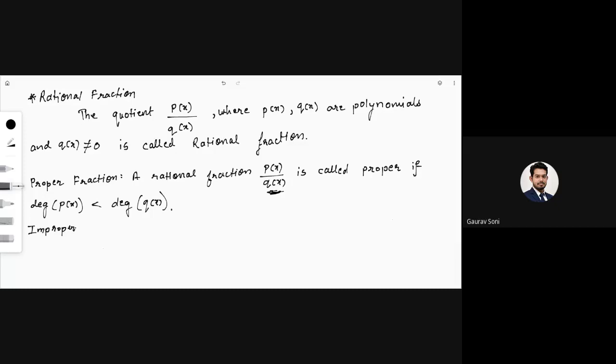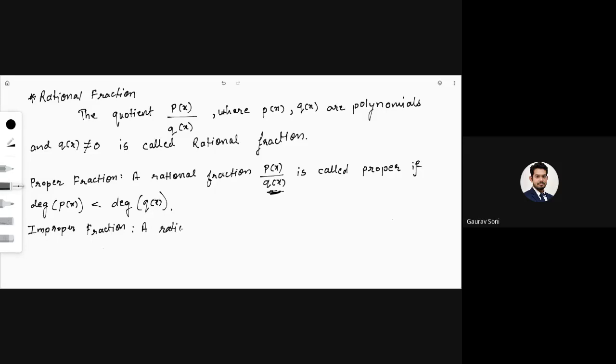This proper and improper distinction will make a great difference when we do partial fractions. There you will first have to identify whether it is proper or improper, and accordingly we will do the calculation.